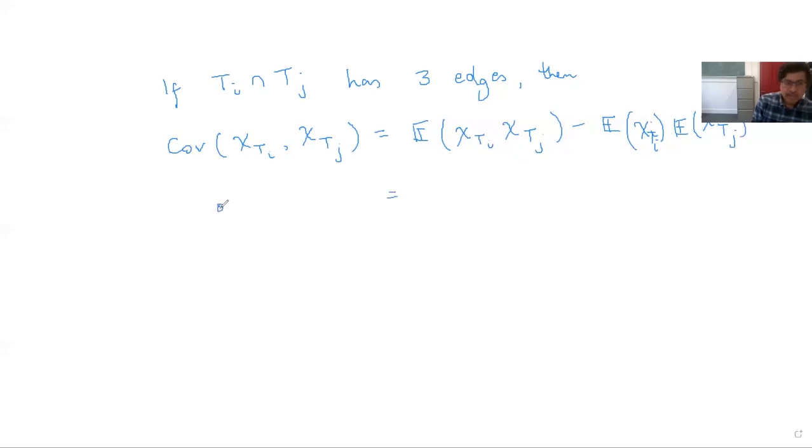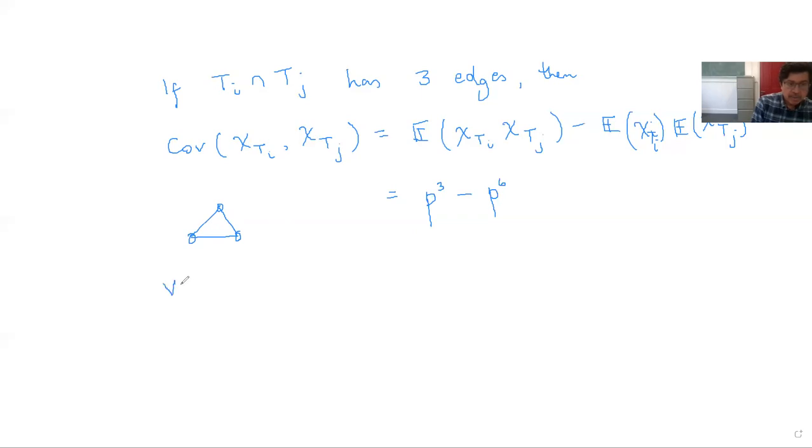So for both triangles to be present, sitting on top of each other, these 3 edges have to be present. The probability of all 3 edges being present is p cubed. And then, as before, the product of the expectations is p to the 6. Each expectation is p cubed for this triangle to be present. Okay, so we've worked out what the covariance is if they have no edges in common, 1 in common, 3 in common, and these are all the possibilities.